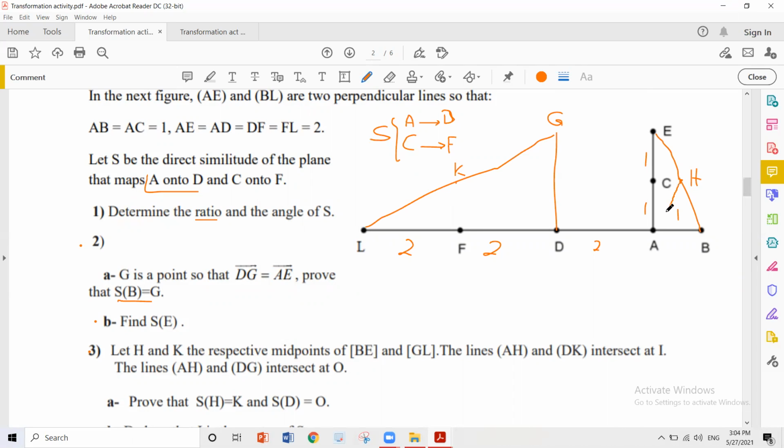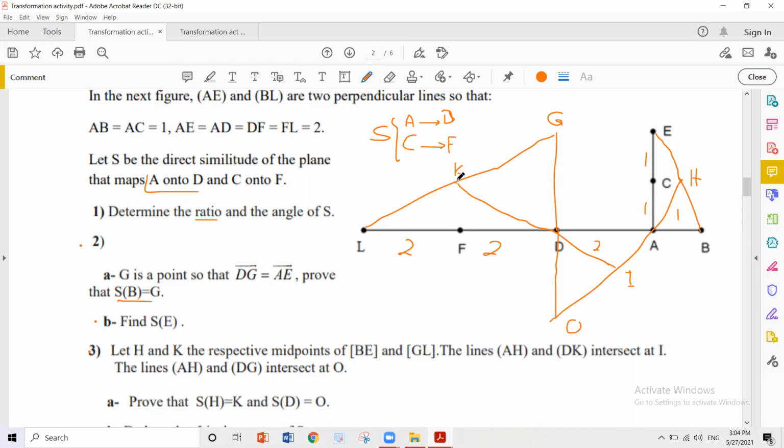The lines AH and DK intersect at I, and the lines EH and DG intersect at O. Prove that S of H equals K.